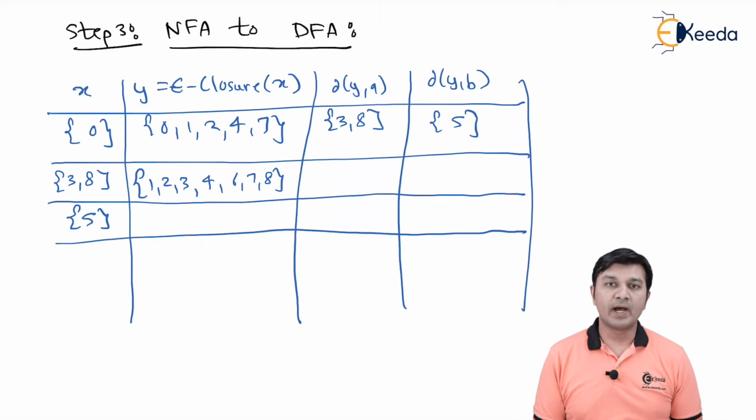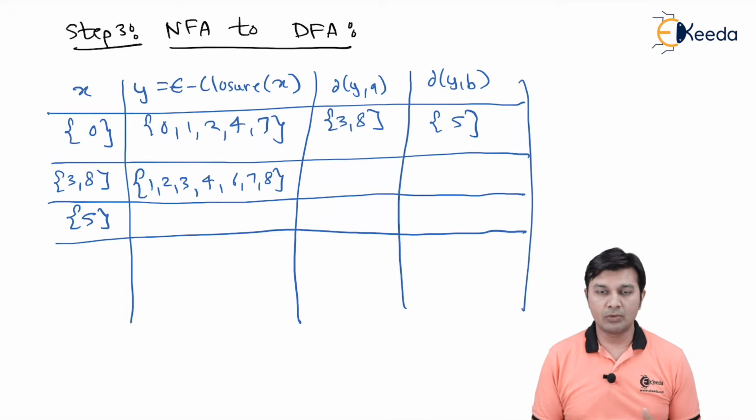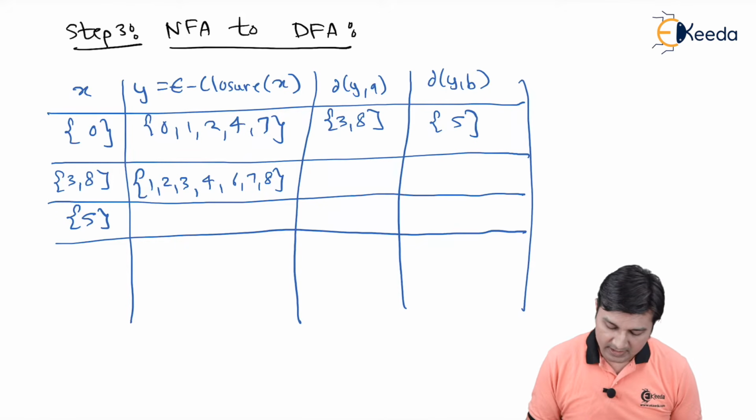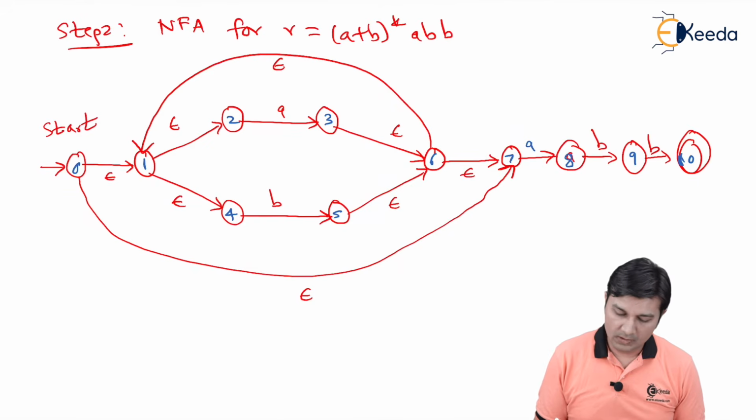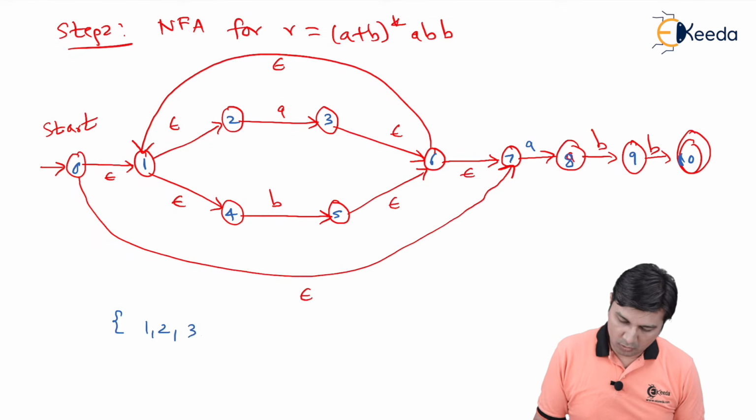Now what is Y on receiving A? So we have to do that. Let us write the set 1, 2, 3, 4, 6, 7, 8 below the diagram. So I have 1, 2, 3, 4, 6, 7, 8.